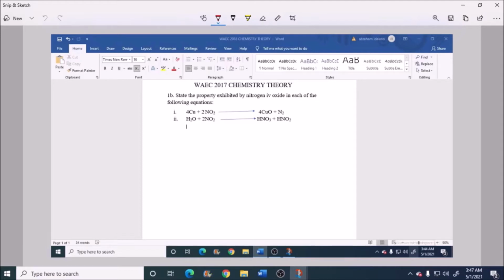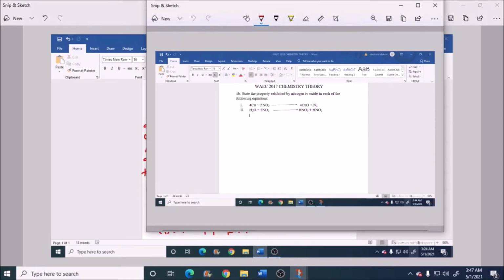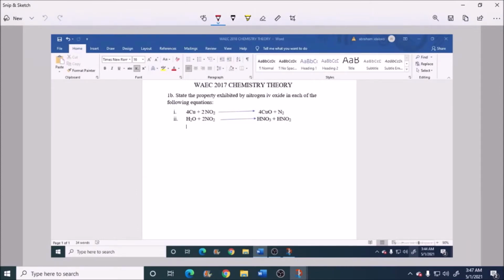So equation 1 for question 1b. The role of nitrogen 4 oxide in equation 1 is that it serves as an oxidizing agent.